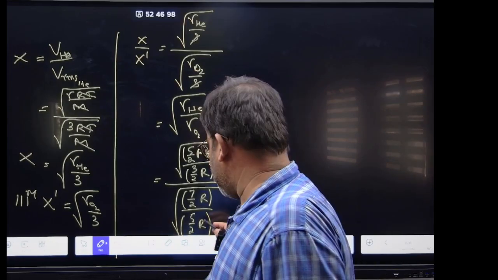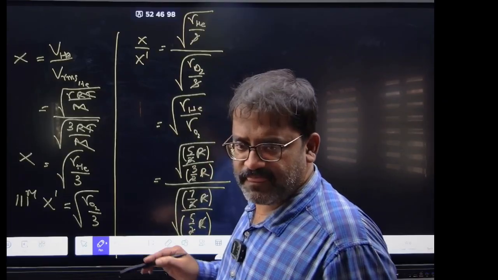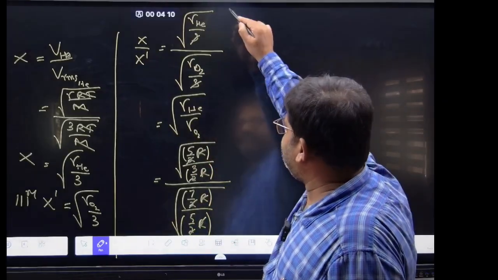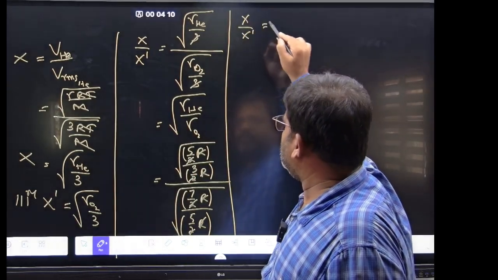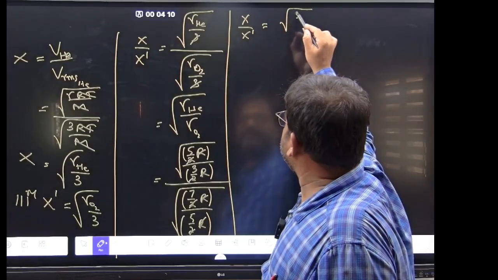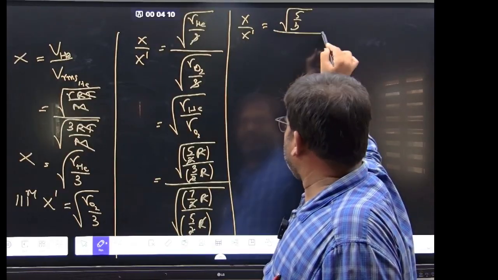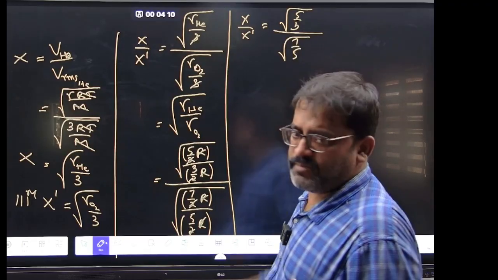So here R by 2 gets cancelled, R by 2 gets cancelled. That means we get the final expression x by x prime equal to root of 5 by 3, whole divided by root of 7 by 5.